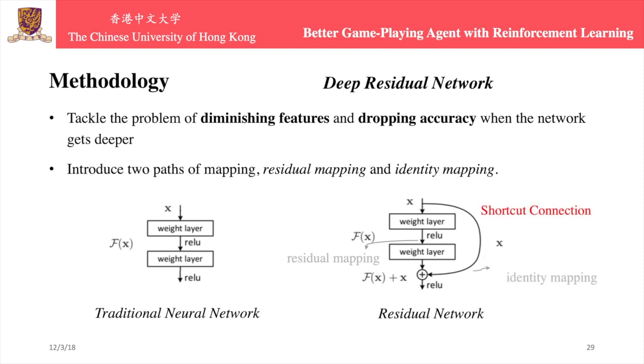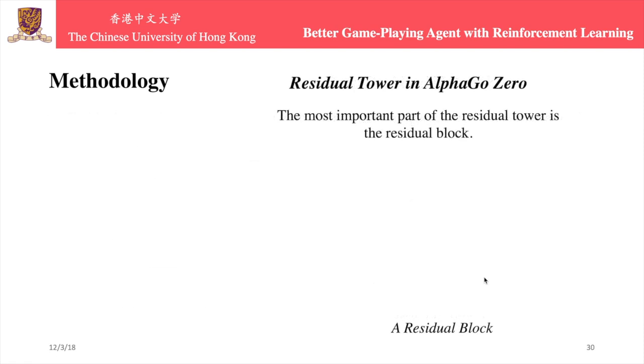The identity mapping is also called a shortcut connection. Now I will explain the details of the neural network in AlphaGo Zero. The most important part is the residual tower, and the residual tower contains residual blocks and other blocks. I will now introduce the residual block.